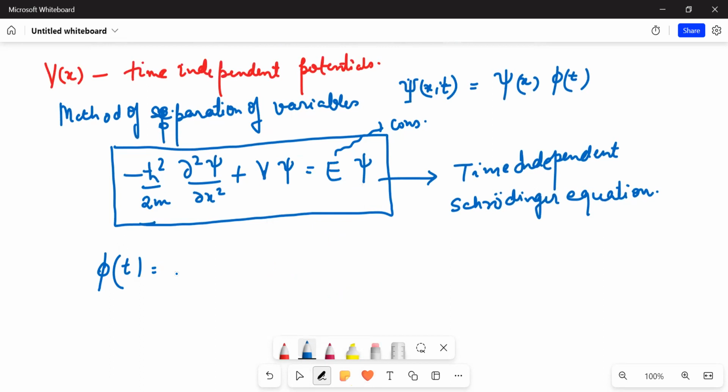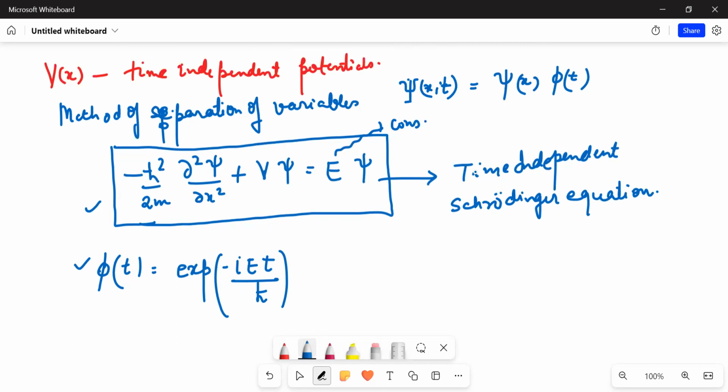And the other term, the time dependent term, turns out to be phi as a function of t equals exponential minus iota E t upon ħ. This is your time dependent term. So by the method of separation of variables, when we try to solve the Schrodinger equation, we get a time independent Schrodinger equation, and we get a time dependent function which is exponentially dependent upon time.